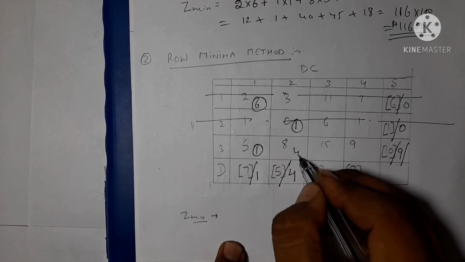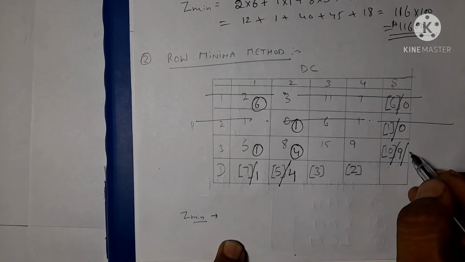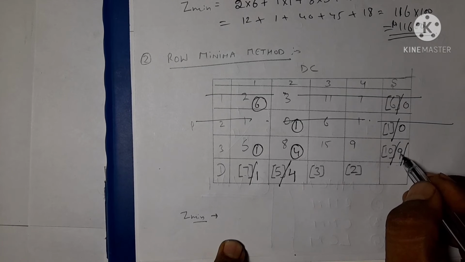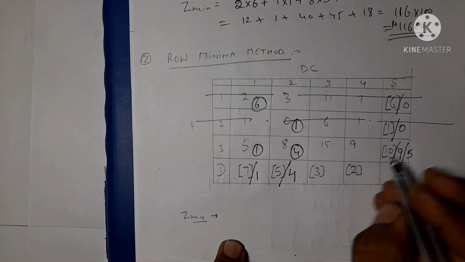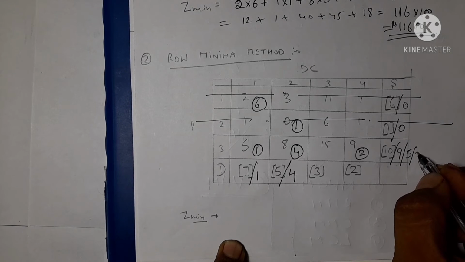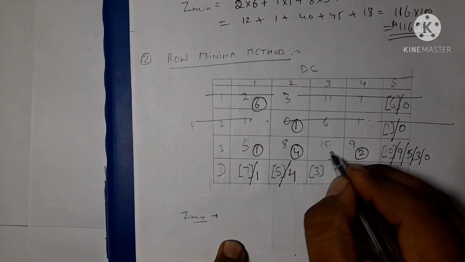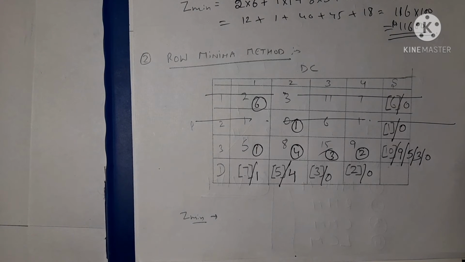Now minimum is 8 and demand is 4. When we are subtracting 4 from the 9, we will get 5 over here. Now minimum is 2. All supply, all demand satisfied.